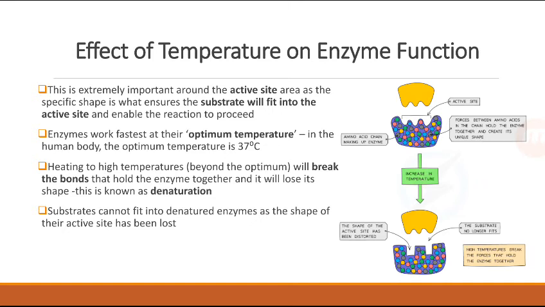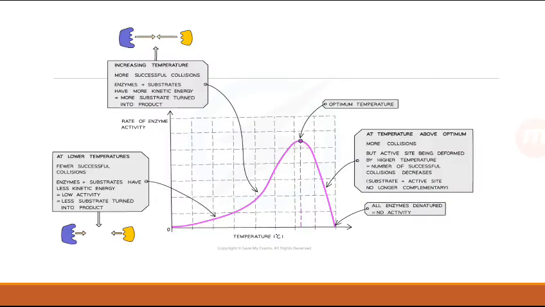Then what happens to the activity of the enzyme with the temperature? If the temperature is very low, enzymes will not have that much kinetic energy, so they will not collide with the substrate, and so the activity or the productivity of the enzyme will be less. Then as the temperature increases, the productivity of the enzyme increases, and there comes a certain temperature at which it has the maximum capacity to catalyze a reaction.